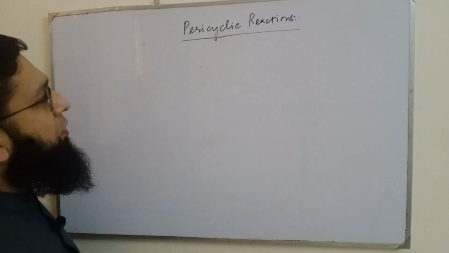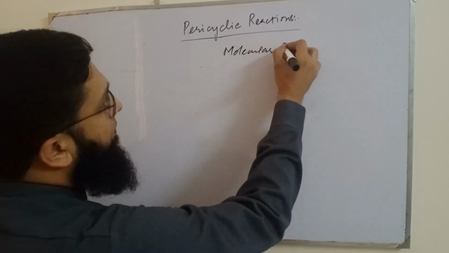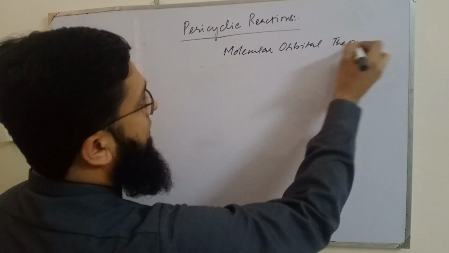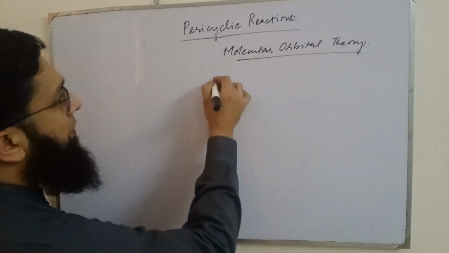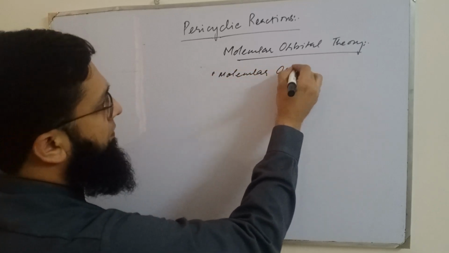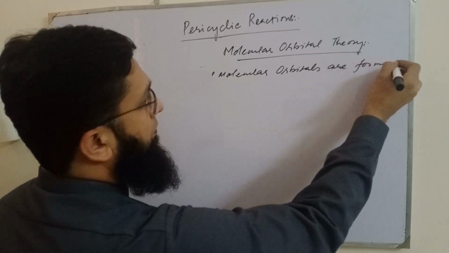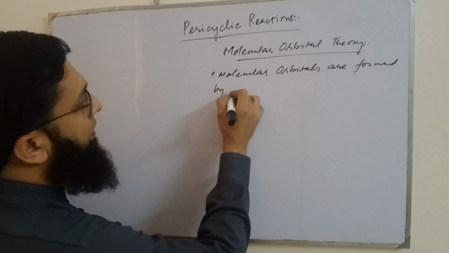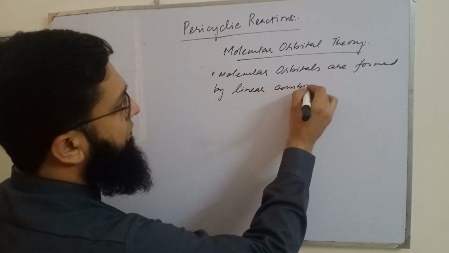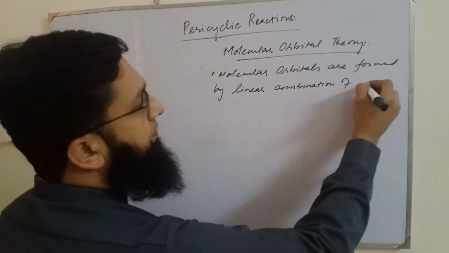Okay, now we see molecular orbital theory. As per this theory, molecular orbitals are formed by linear combination of atomic orbitals.